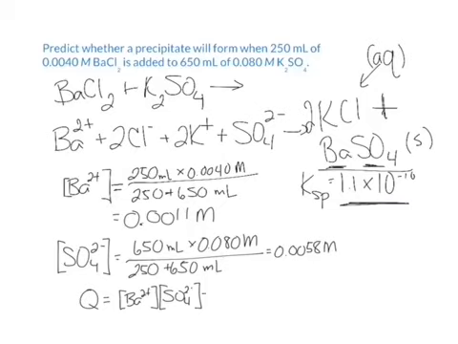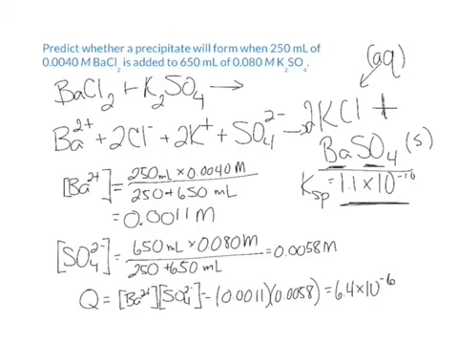So if we multiply 0.0011 times 0.0058, your Q ends up being 6.4 times 10 to the minus 6.